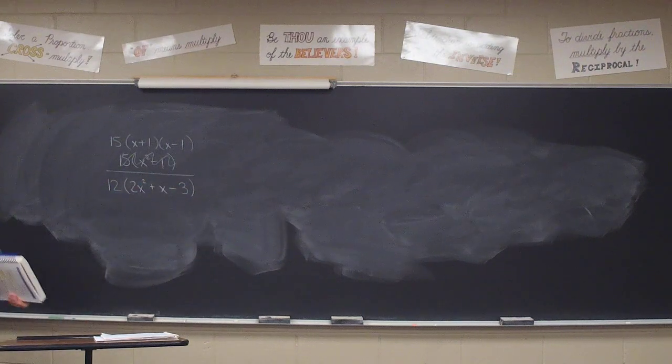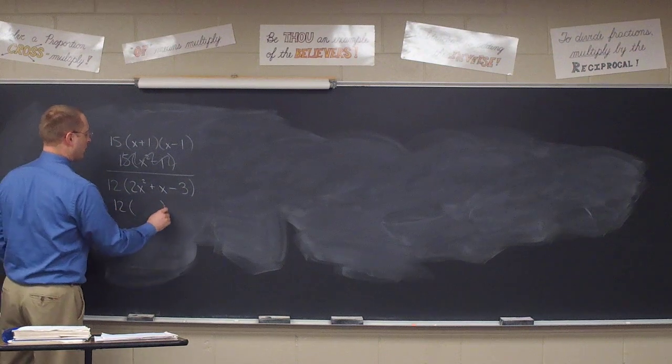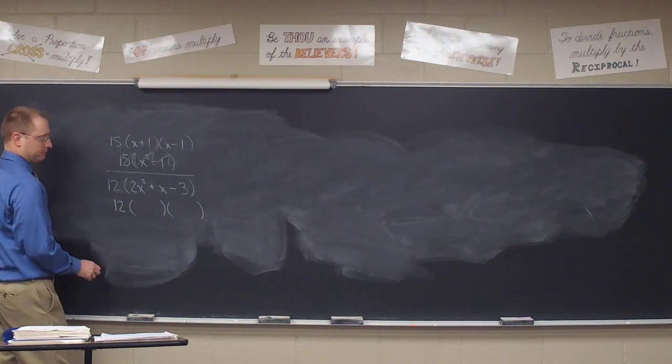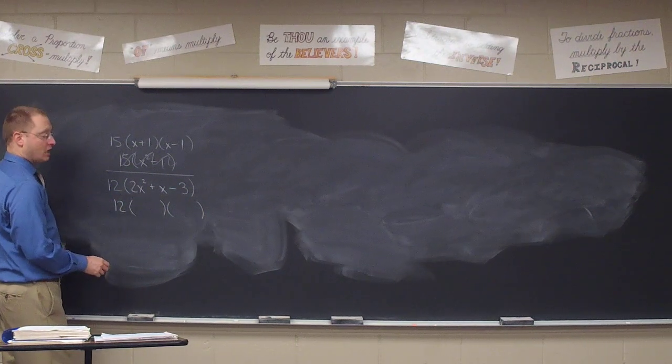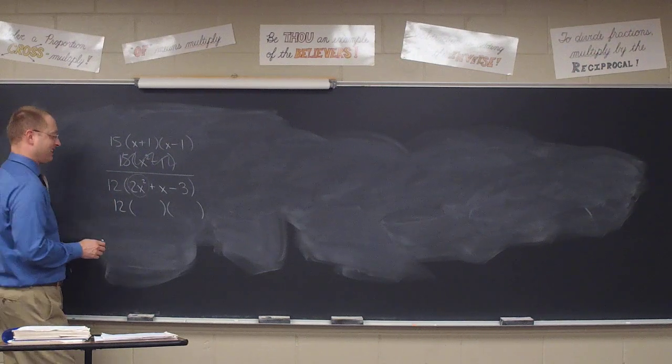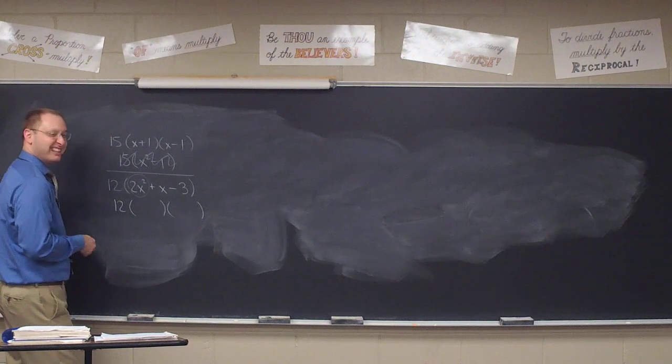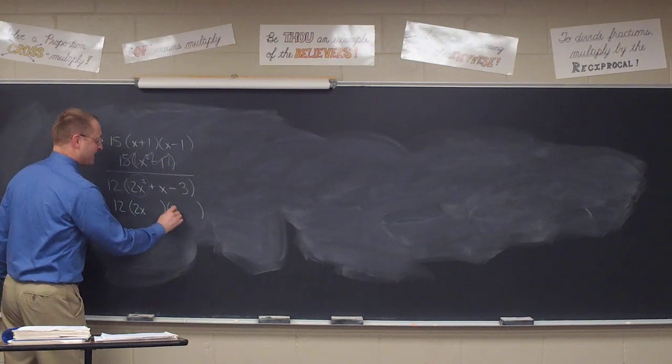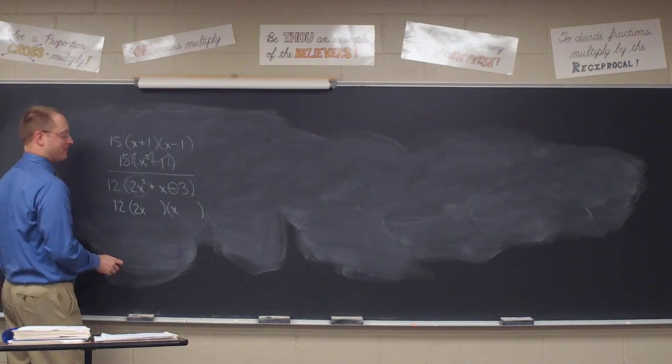And then it looks like we should be able to factor a little bit more using some backwards FOIL. We'll start by splitting up your 2x squared: 2x times x. 2x and x, the signs.